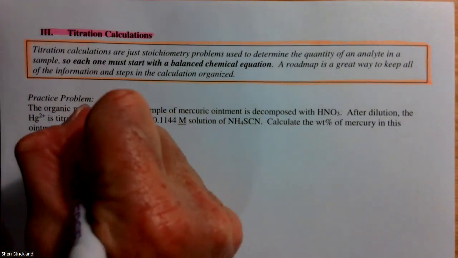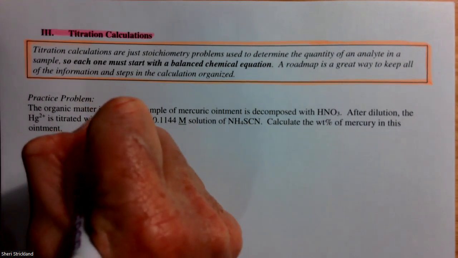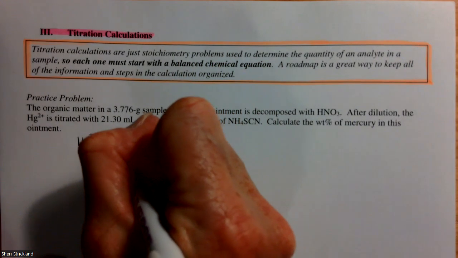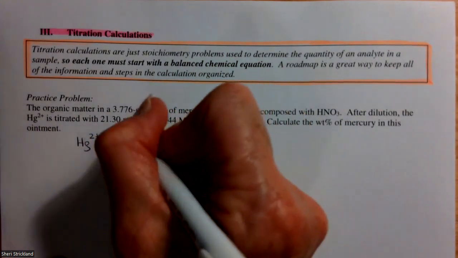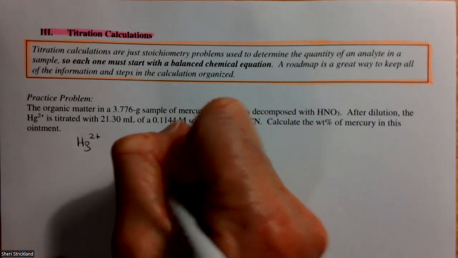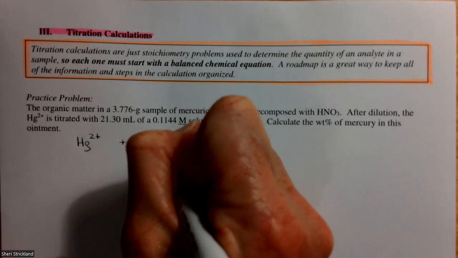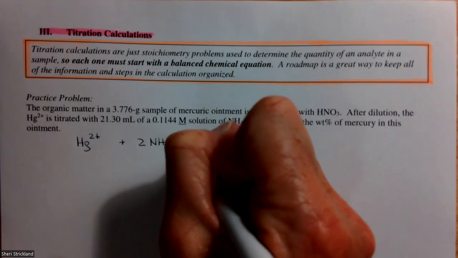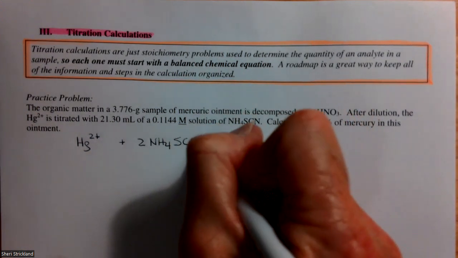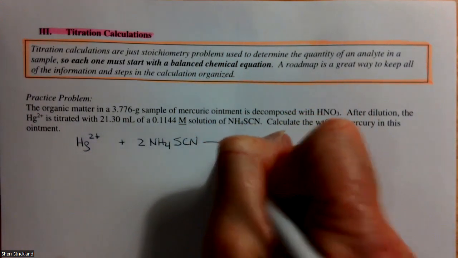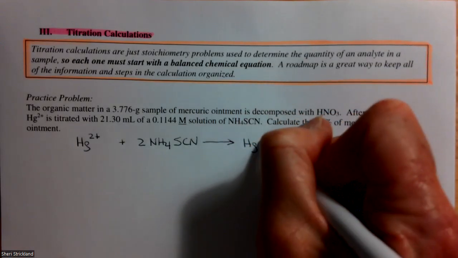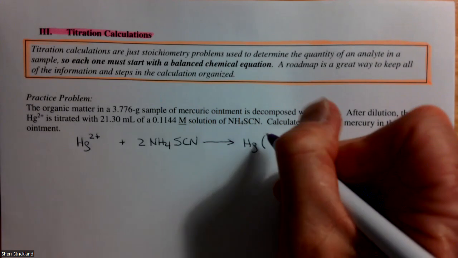So the first thing we need is the equation of the method. For this reaction, this is the formation of a metal complex. For an acid-base reaction, I'd expect you to be able to predict products, but not for these because we haven't studied these reactions much at all.